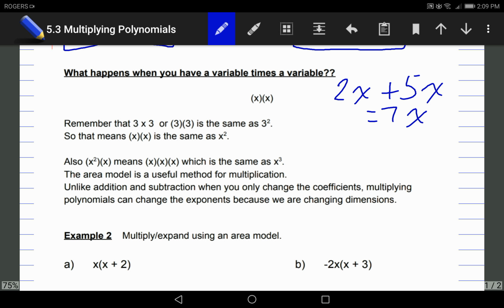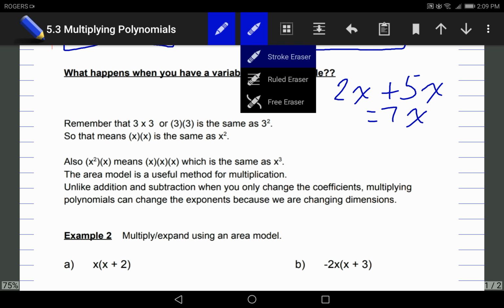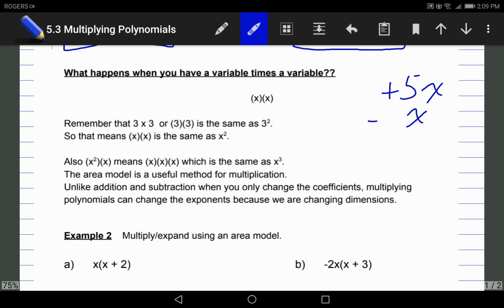When you're multiplying, you're not looking for any like terms. You can simply multiply anything together. Variables that aren't like terms, numbers, it doesn't matter. You can multiply anything together. So you need to separate that in your mind: when you're adding and subtracting, you have to use like terms. When you're multiplying, they do not have to be like terms.